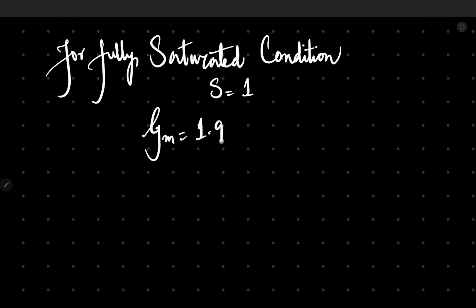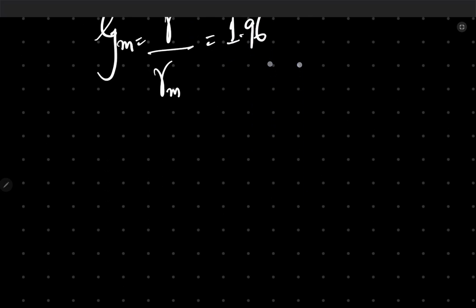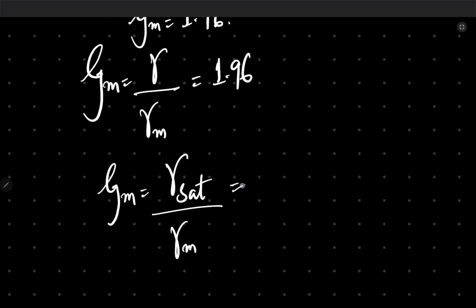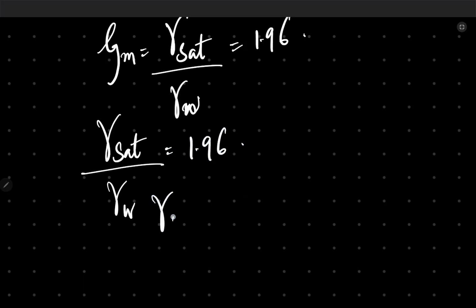But since the soil is in saturated condition, S is 1, so I replace the bulk unit weight by the saturated unit weight. So saturated unit weight divided by unit weight of water is 1.96. That means the saturated unit weight is 1.96 times the unit weight of water.